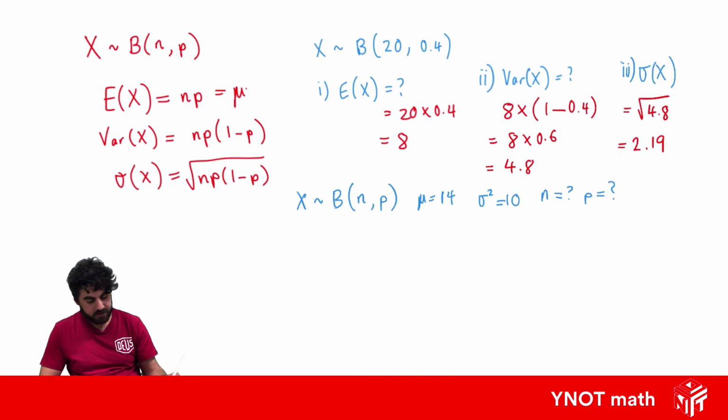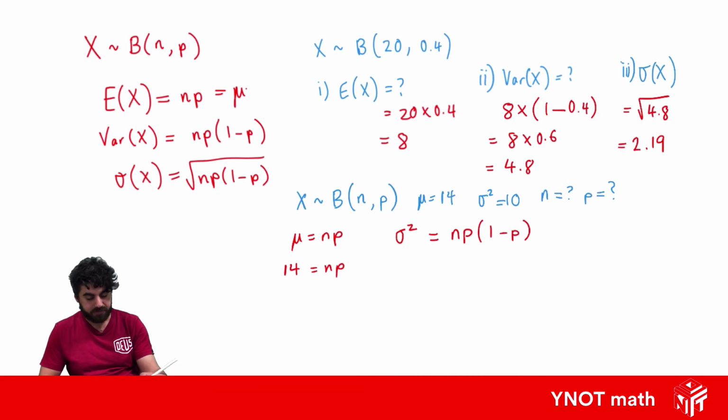So we're going to have to create a couple of equations here. We know that the mean is equal to n times p. We know the mean is 14, but we don't know the values of n and p. And we also know that the variance, which is also the standard deviation squared, equals np times 1 minus p.